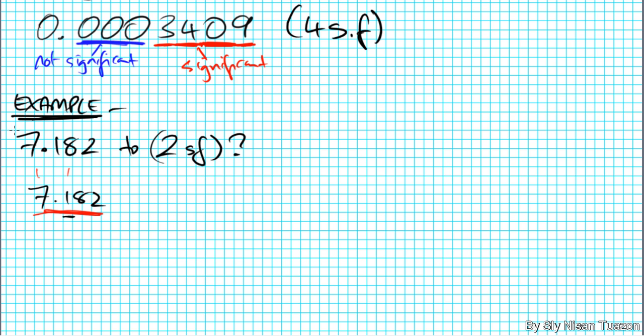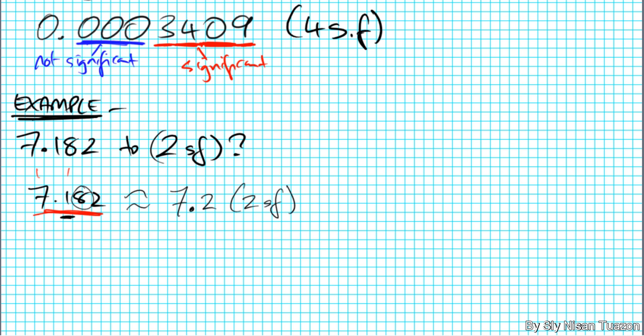I'm rounding off to the second significant figure, so I need to look at the one after it, and like the rounding rules before, if it's 5 or over, then I have to round it up. If it's under 5, I need to round it down. So if you use the approximate sign, it's going to be 7.2 to 2 significant figures. Alright, so hopefully that helps you with that.